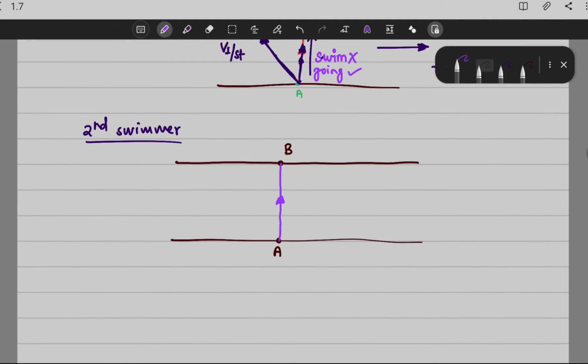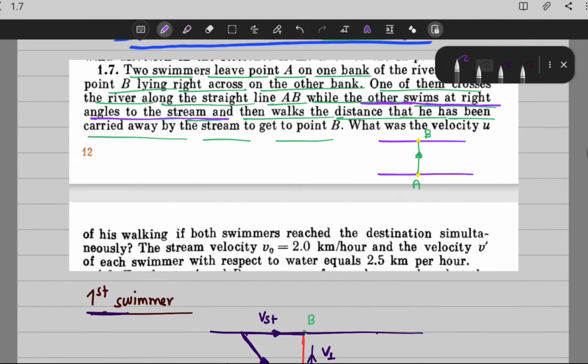So this is the stream direction, and the swimmer swims at right angle to the stream direction, and because of the stream velocity it will not go in this direction, it will go in this direction and reach somewhere at point, let us say, C. Now what was the velocity u of each walking if both swimmers reached the destination simultaneously?